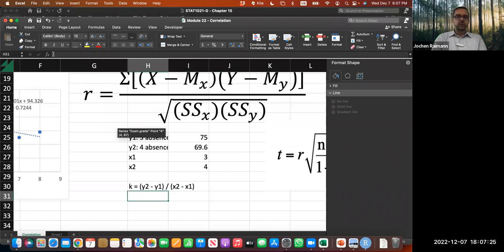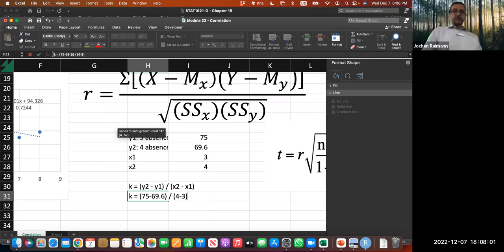So now your slope will be calculated as k equals 75 minus 69.6 divided by 4 minus 3, right? So we have our y2 minus our y1, that's 75, divided by 4 absences minus 3.